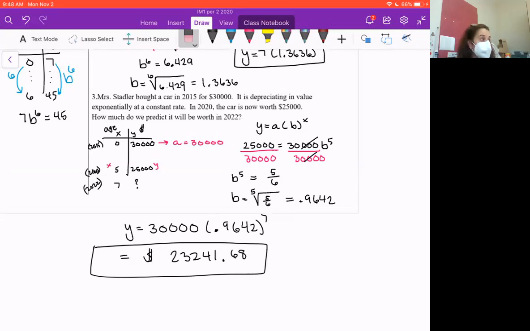You can screen share with me and show me where your calculator is, and we can try to figure out together where it is. It's usually the second key, the shift on the exponent. That's usually where it is, but I can't guarantee that that's the case for every single calculator that has ever been made. So if you have a different type of calculator, we might have to look at that.